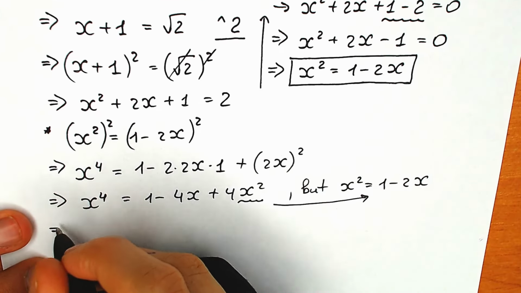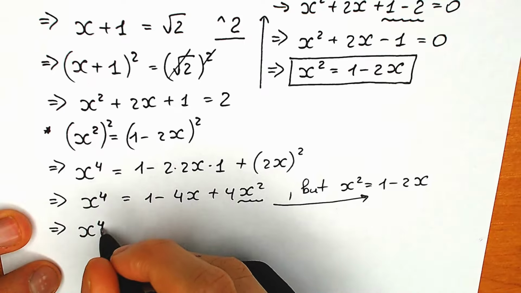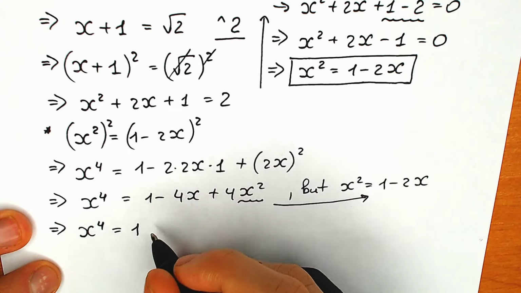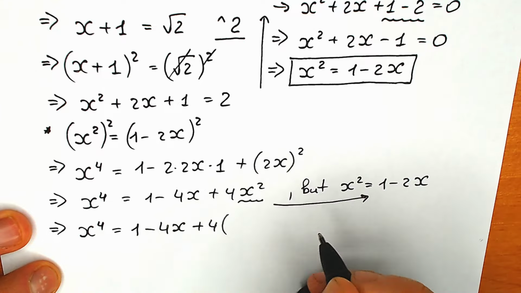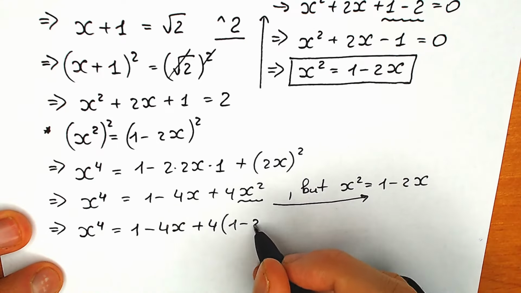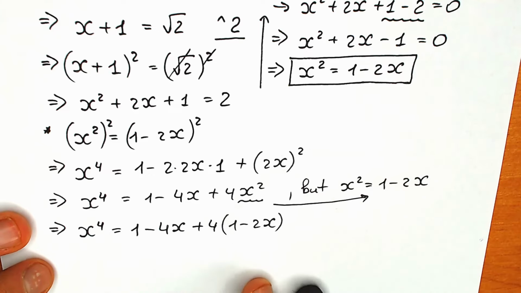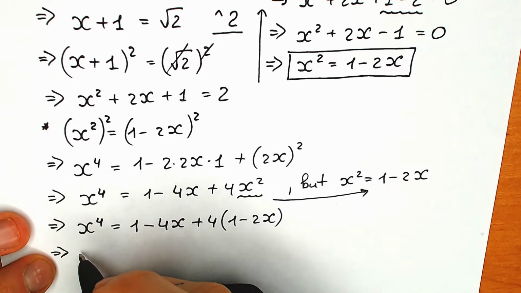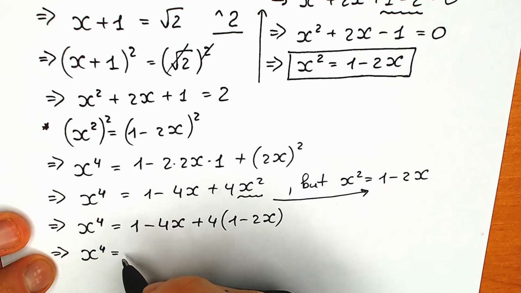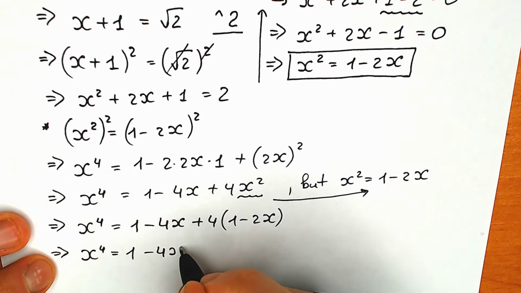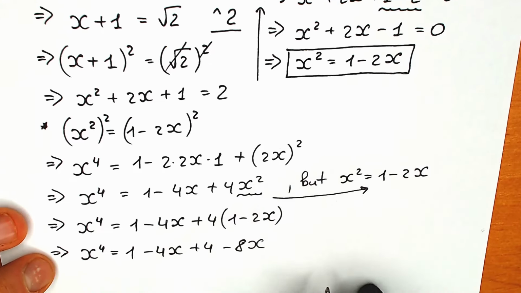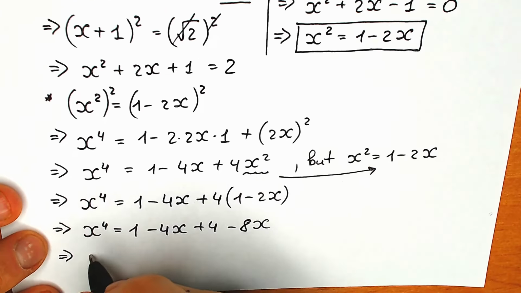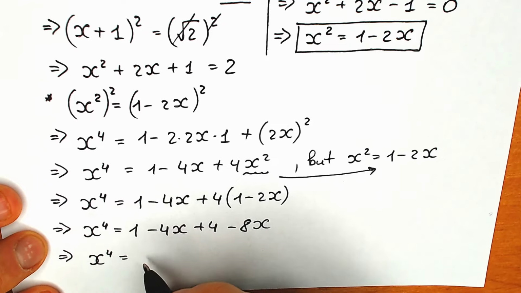So let's do it. We have x to the power 4 equals 1 minus 4x plus 4 times (1 minus 2x). Okay, so let's simplify it. We have x to the power 4 equals 1 minus 4x plus 4 minus 8x. So from here, x to the power 4 equals 5 minus 12x.